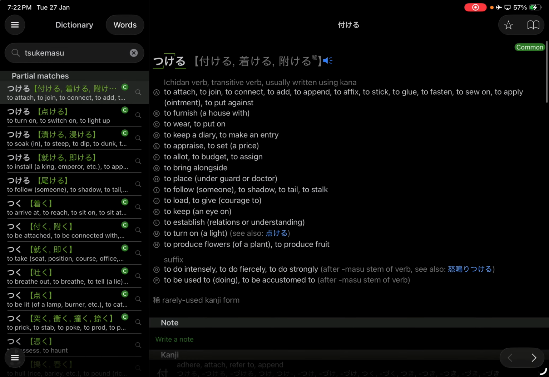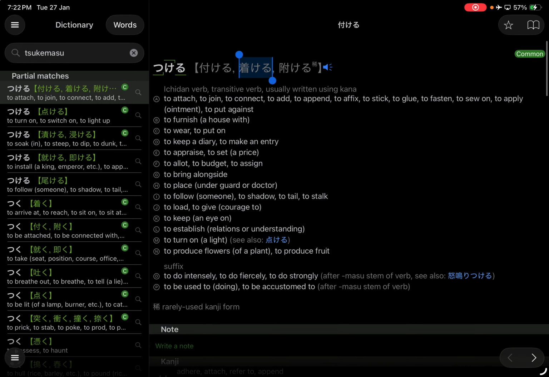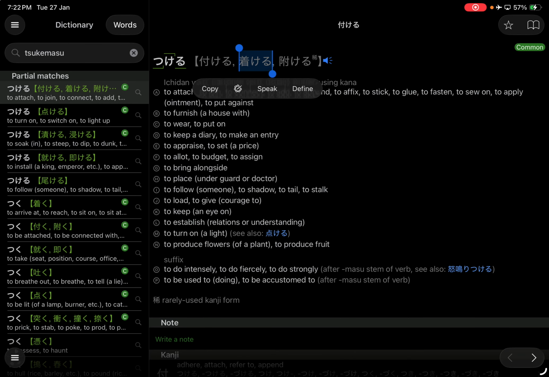Okay, so this one tsukemasu can also be this kanji as well. This kanji means to turn on something. So there's two tsukemasu, there's two kanji but both read the same as tsukemasu.